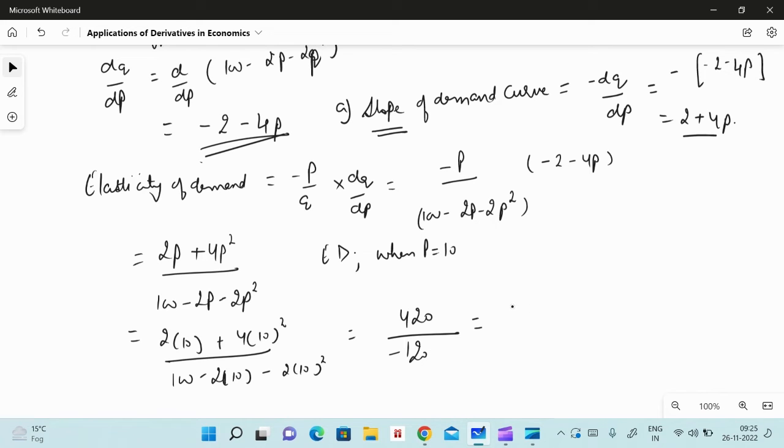If I cancel the terms, I will get 7 by 2 as my solution. So this is the value of elasticity of demand when p is equal to 10.